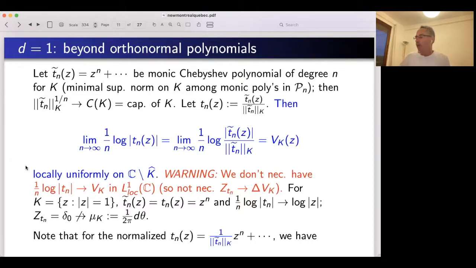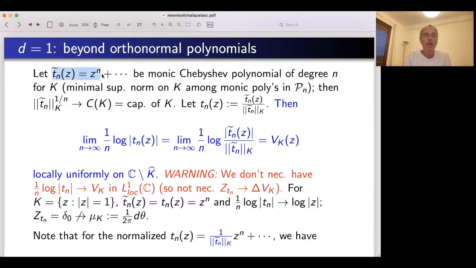But what people emphasized maybe in the beginnings of this stuff was when the basis polynomials were orthonormal polynomials with respect to some measure, like we talked about with these Bernstein-Markov measures before. One of the things we wanted to do in our work is go beyond the setting of orthonormal polynomial bases. So to motivate a little bit about what is known already in one variable, let's go back and recall some other standard potential theory.